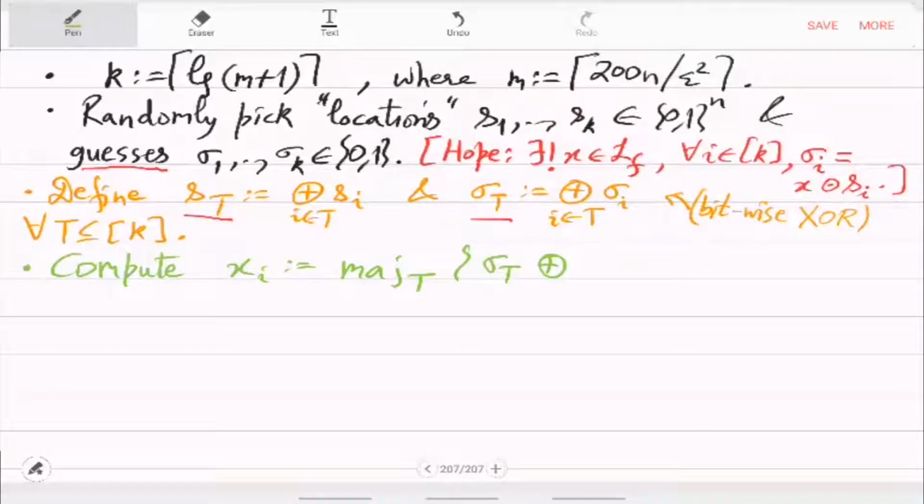You have already guessed the value at S_T, which is sigma_T, and you shift it by e_i and query: f at S_T shifted by e_i, where e_i is the ith elementary vector.